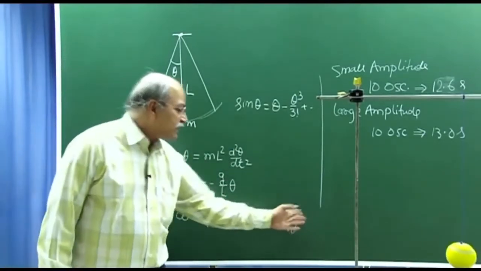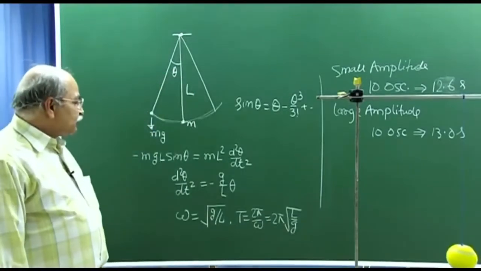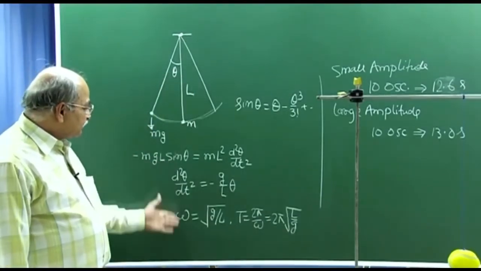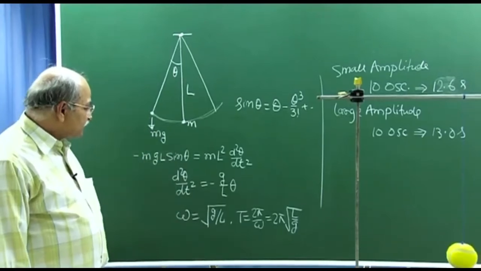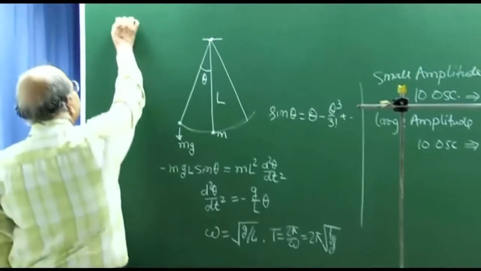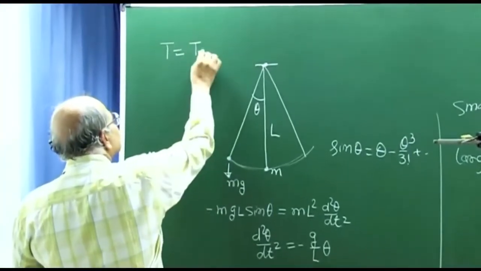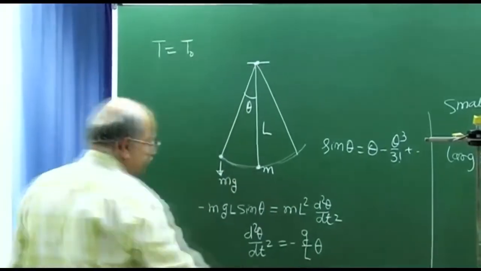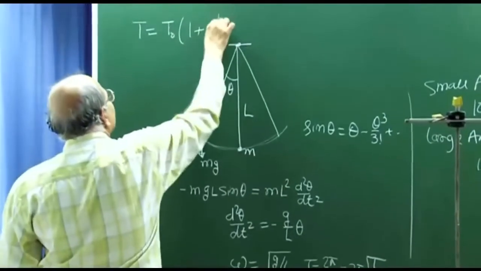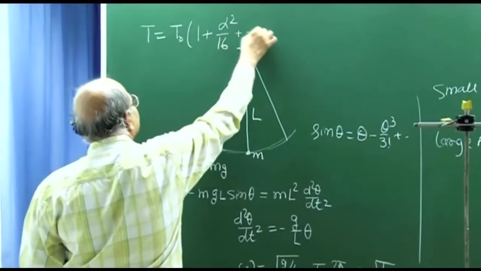If you solve this differential equation, what you get is that the time period is something like T equals T naught, which is this, times 1 plus alpha squared by 16, and then higher powers.